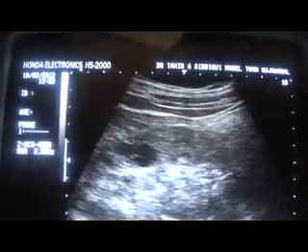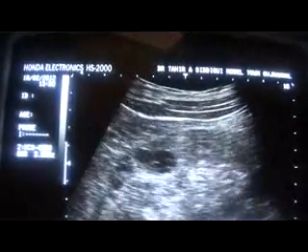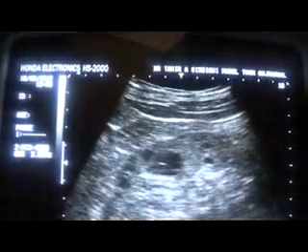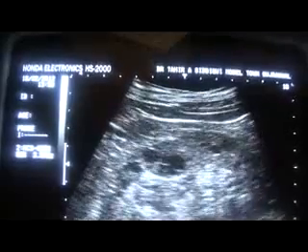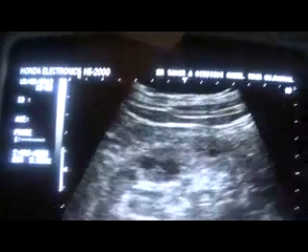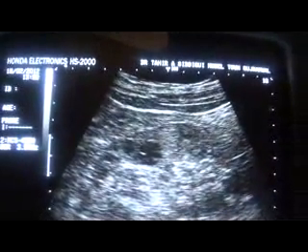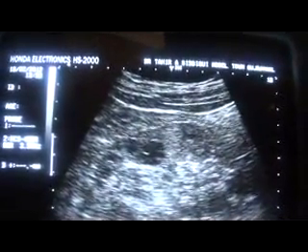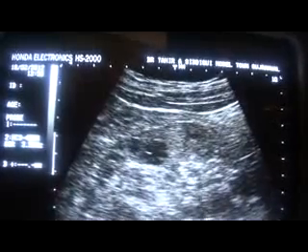However, in this case, we can also see some tiny calcifications in the region of the central sinus echo complex, which is an unusual finding. This is a tiny calcification giving posterior shadow.